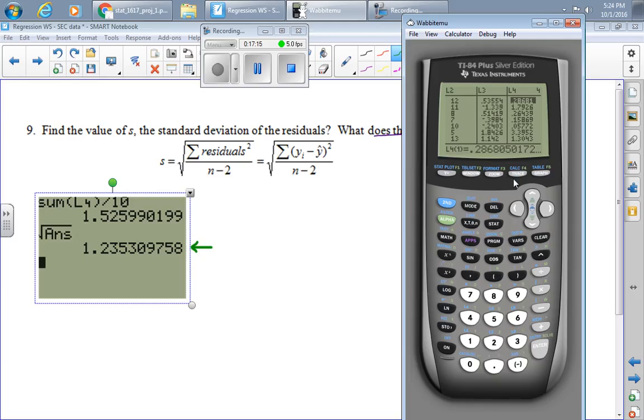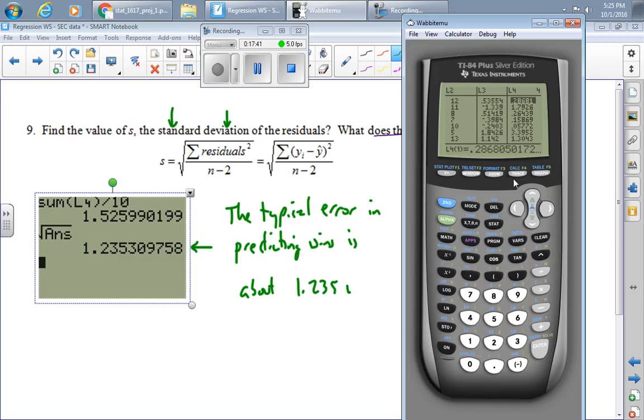And what it means is the typical amount that I'm wrong, the standard difference is 1.235. So the typical error in predicting the wins is about 1.235 wins.